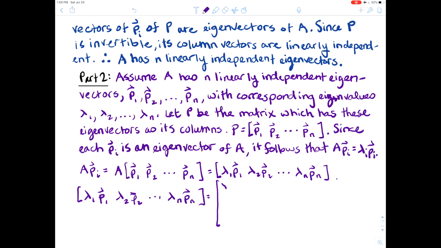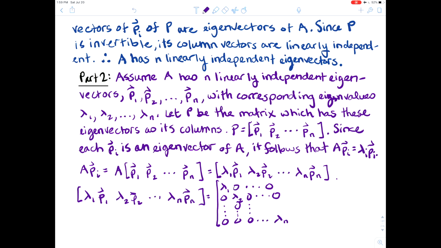So you'd have lambda 1, 0, dot, dot, dot, 0, 0, lambda 2, 0, dot, dot, dot, 0, and so on, all the way down to lambda n.